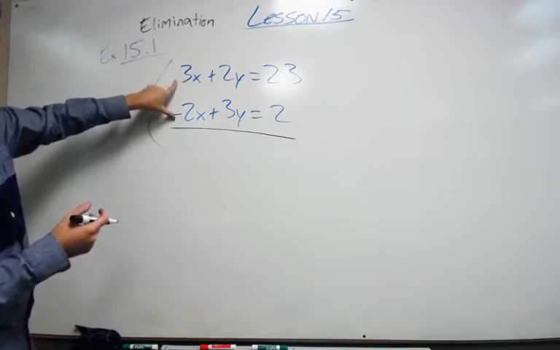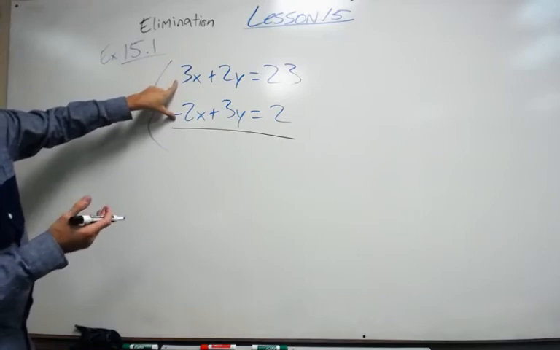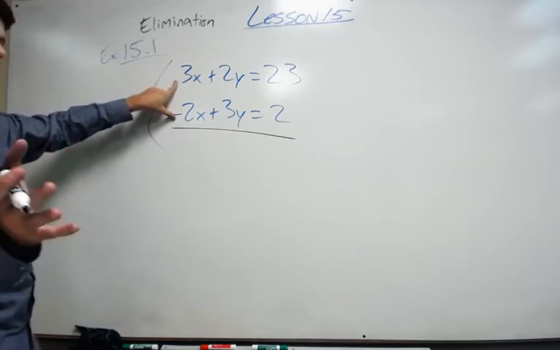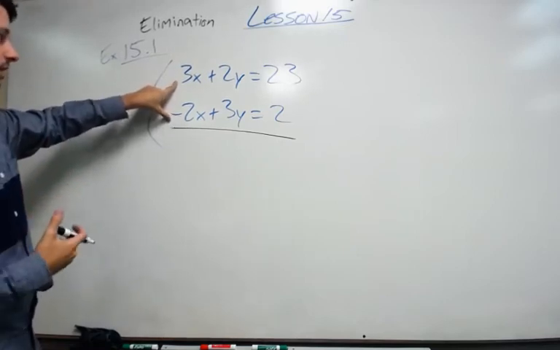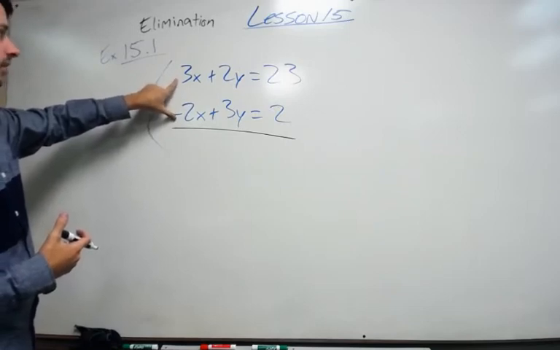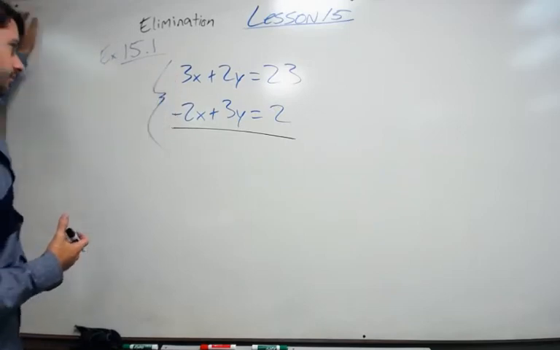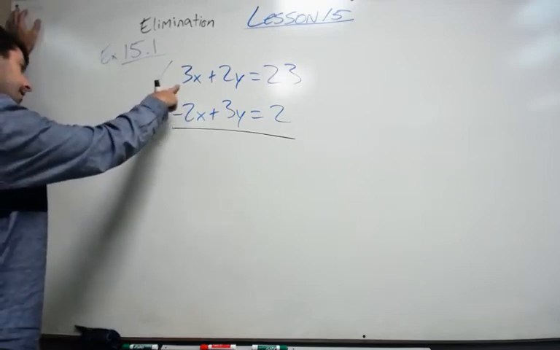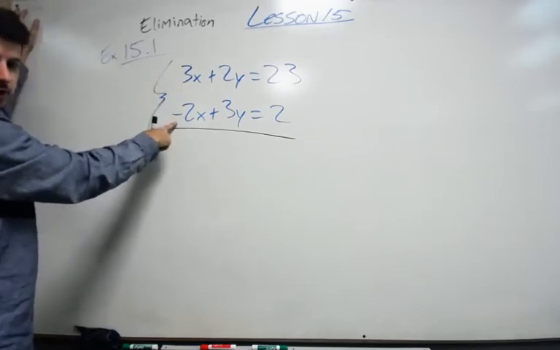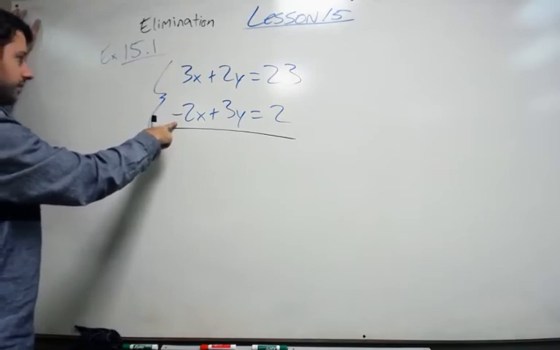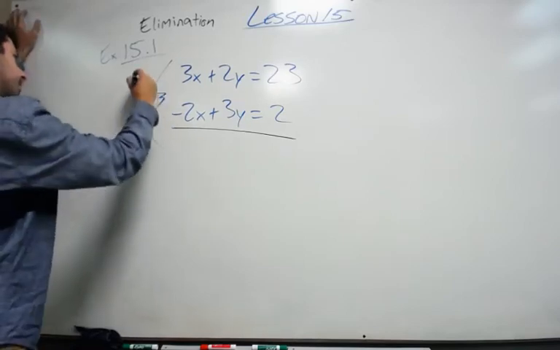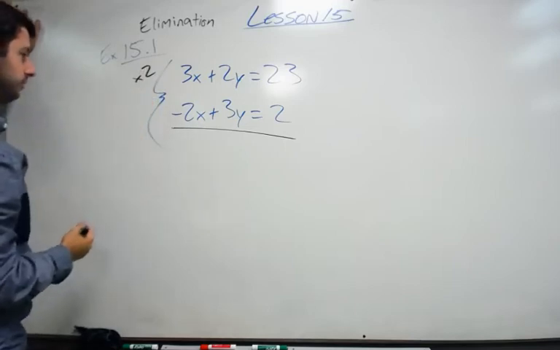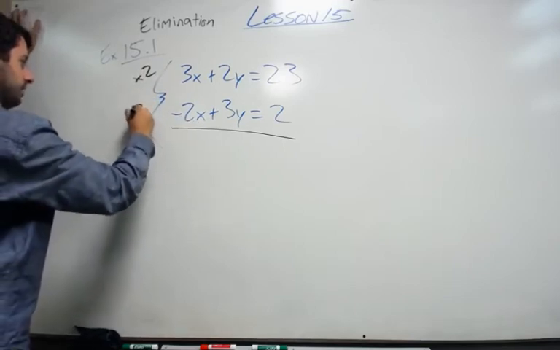Well, you can always find a common multiple by multiplying them together and get 6. 3 times 2 is 6. So what do I need to multiply the 3 by to get 6, and what do I need to multiply the negative 2 or the 2 by to get 6? Well, I'm going to multiply the top by 2 and the bottom by 3.